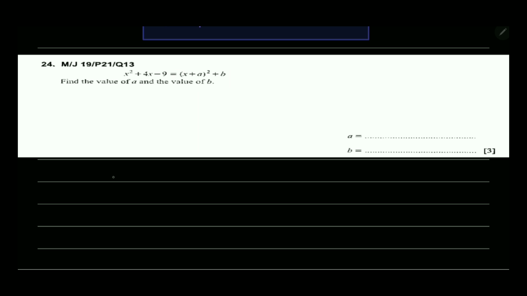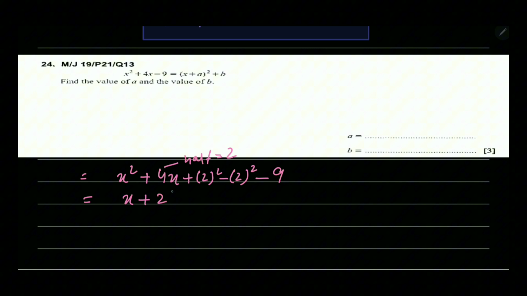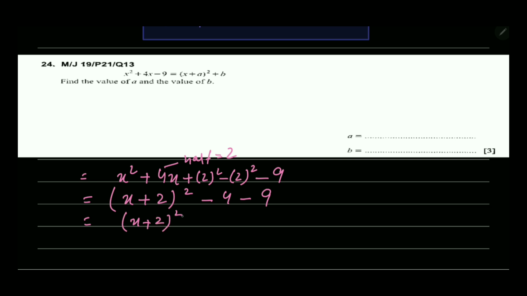The coefficient of x square is already 1, so we just follow the second step. x square plus 4x will be written as it is, minus 9 will be written with distance. Half of 4 is 2, so its square will be added and its square will be subtracted. The first three terms will make a formula: x, from the second term plus, from the third term 2 square. Minus 2 square is 4, and 9 as it is. x plus 2 whole square, minus 4 minus 9 is 13.